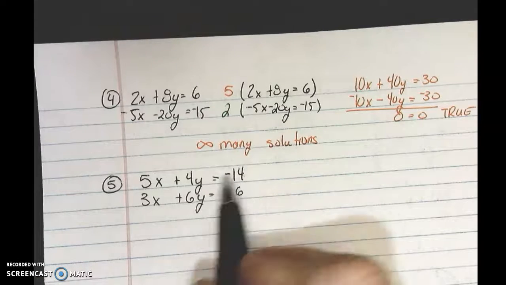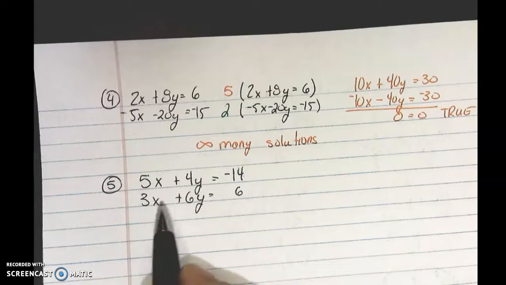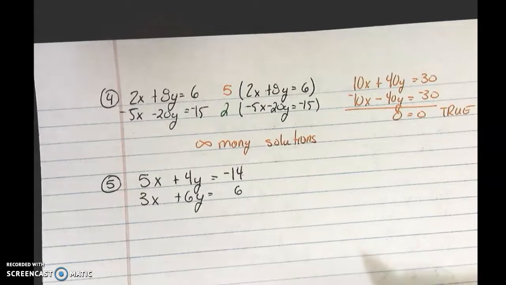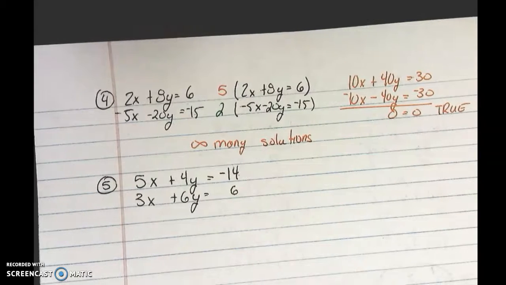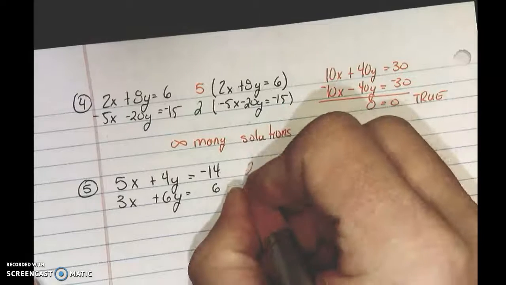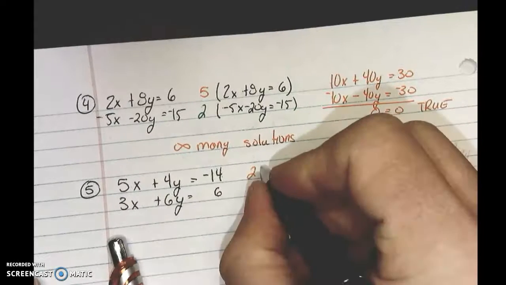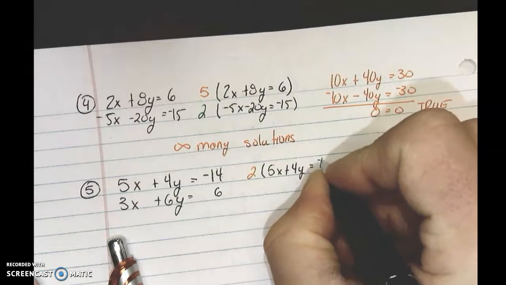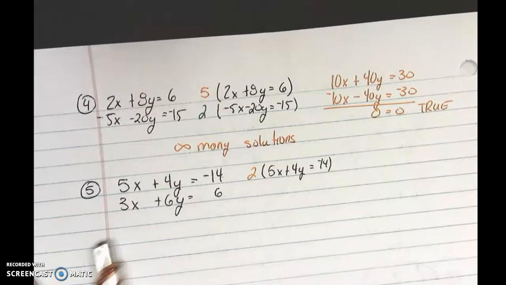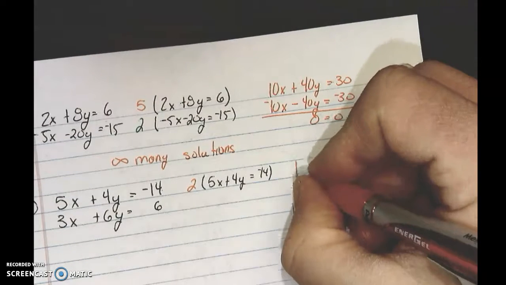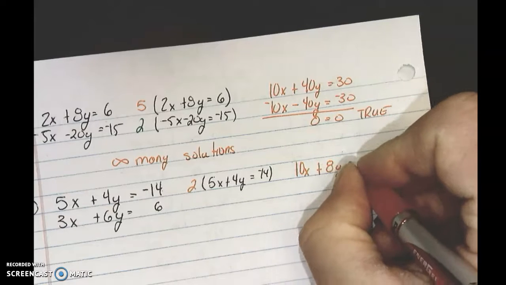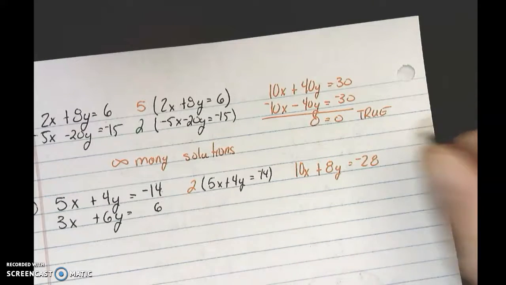There's nothing in common. I guess this one I could reduce, so it really doesn't help me any. So what I'm going to do is take the top one and multiply all 3 terms. So I get 10x plus 8y is equal to negative 28.